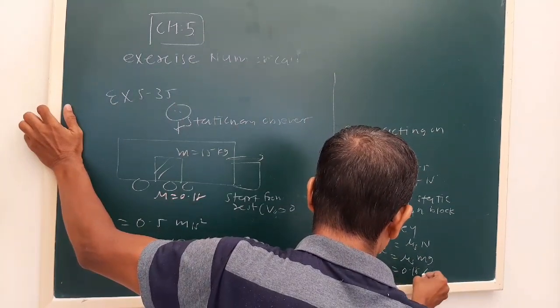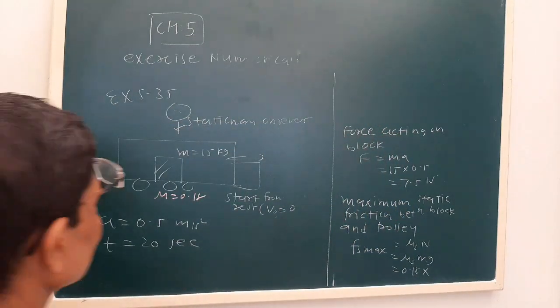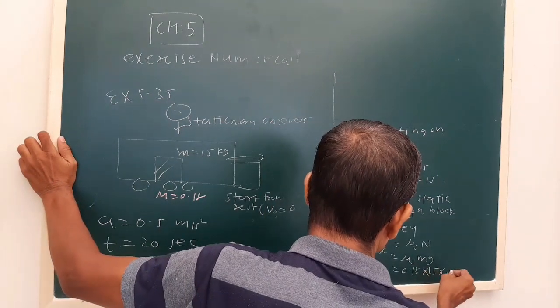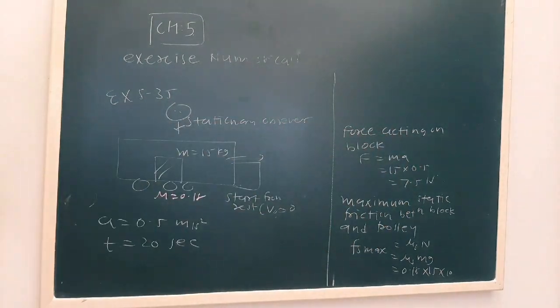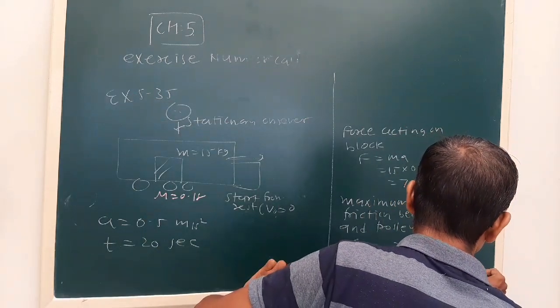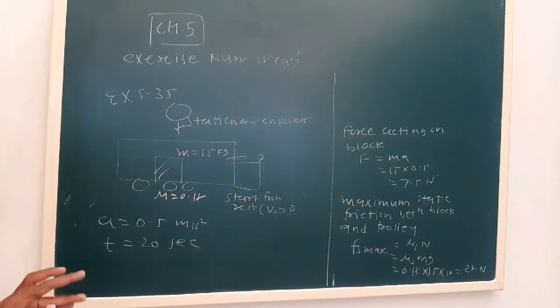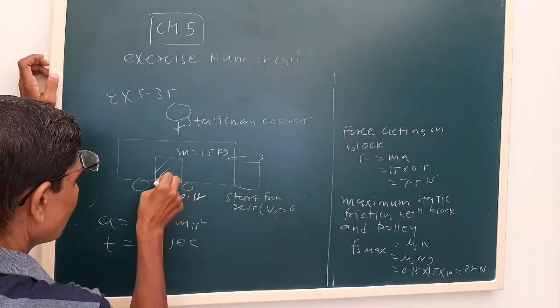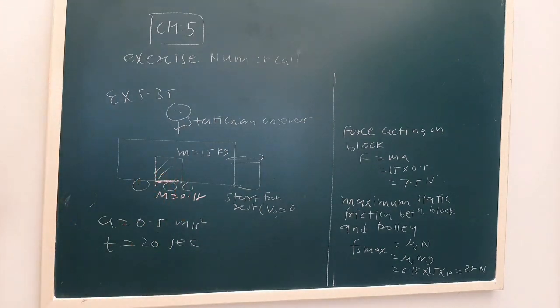Mu s is given as 0.18, mass of the trolley is 15, g is 10. So that will turn out to be 27 Newton. That is the maximum static friction force between the block and the bottom of the trolley.